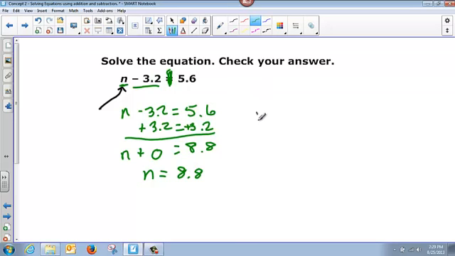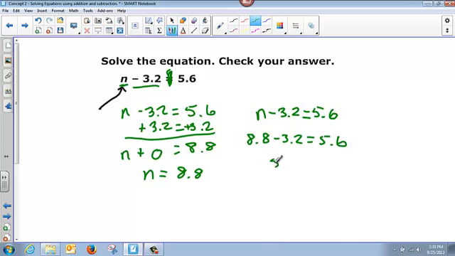So what we do is we write the equation that we were solving. We substitute our supposed solution in for the variable, and we simplify on this side. 8 minus 3 is 5, and 8 minus 2 is 6.